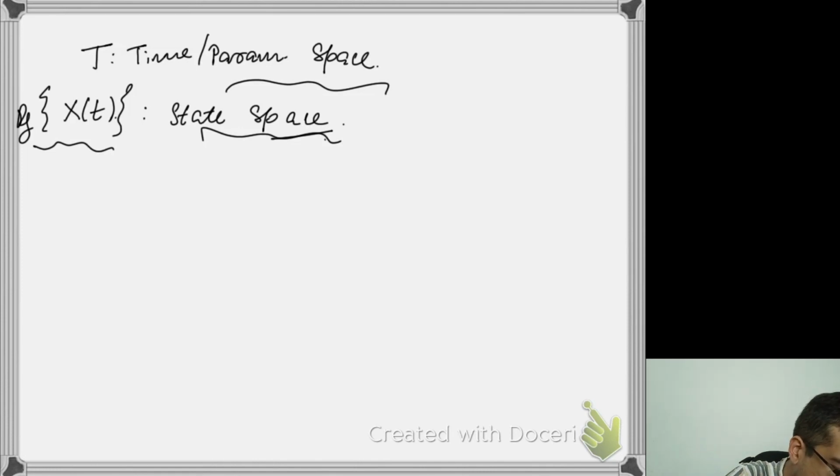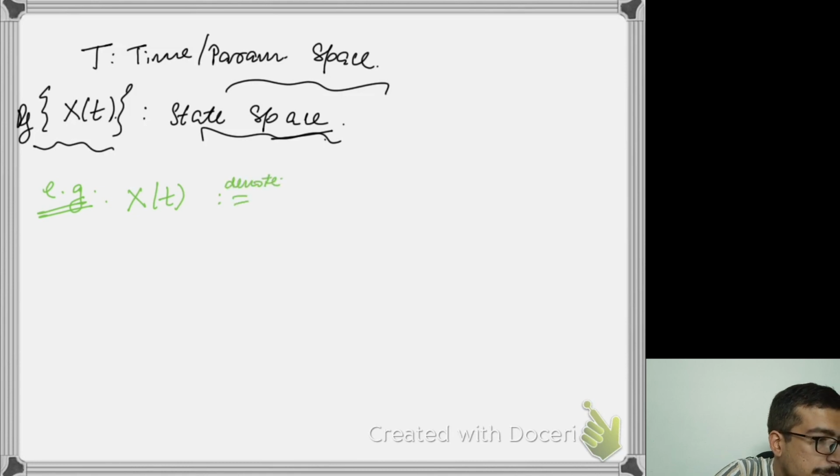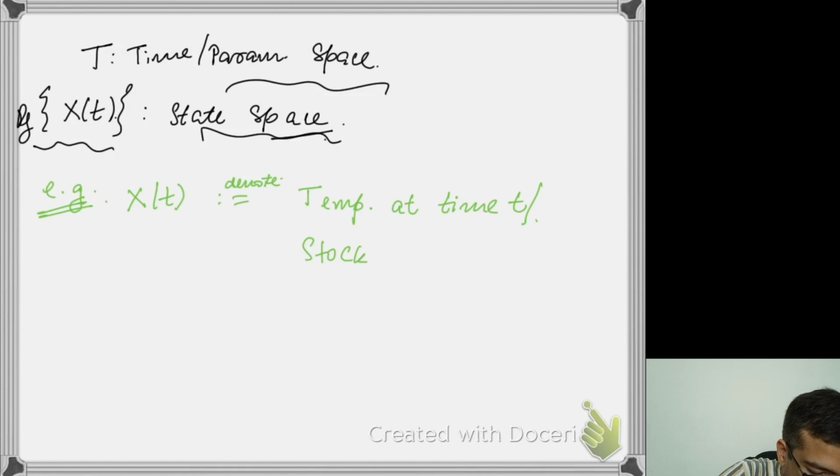So let's take some examples. Let Xt denote the temperature at time t, or it could even be, for example, the stock price at time t.